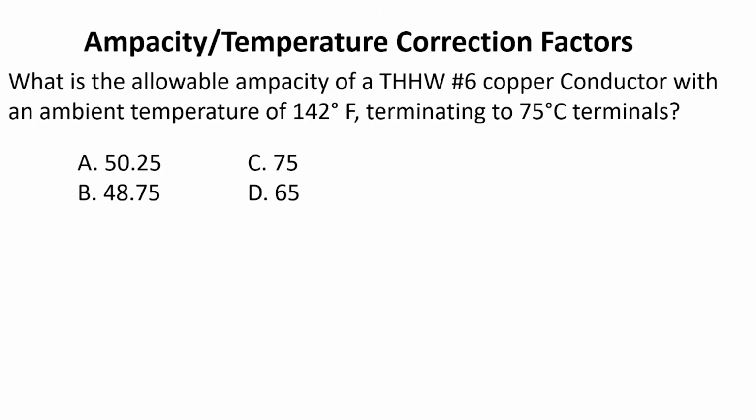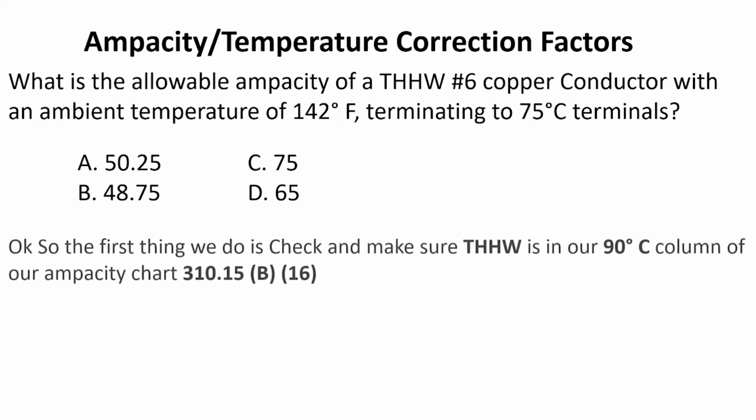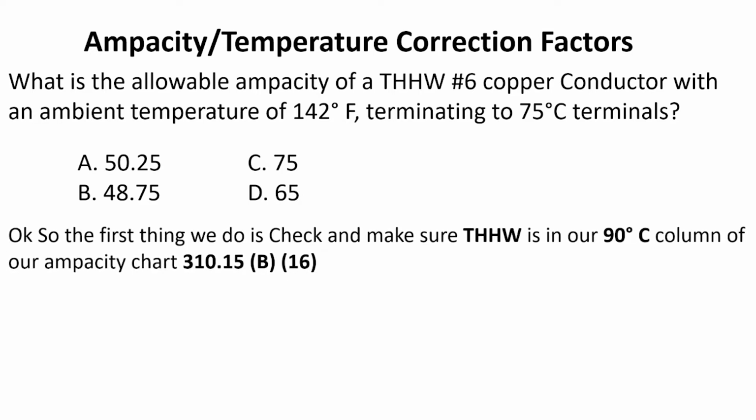What is the allowable ampacity of a THHW number 6 conductor with an ambient temperature of 142 degrees terminating to 75 degree terminals? So the first thing we do is check and make sure that THHW is in our 90 degree C column.